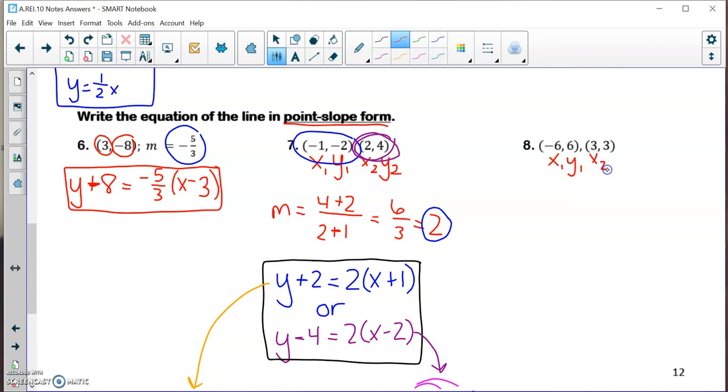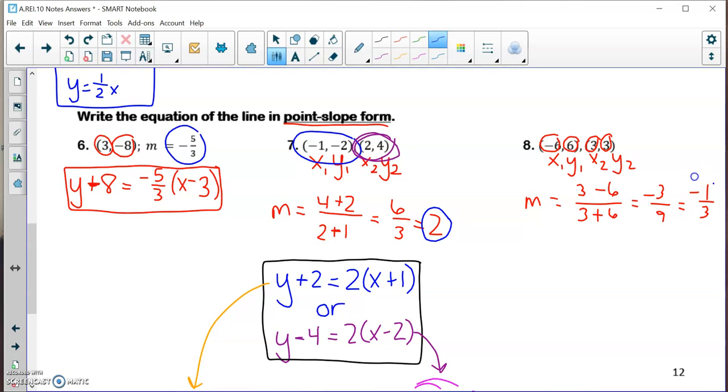And then number 8, we still want just point slope form, so we'll just do this one quickly. I won't go on a tangent here. So, finding my slope, I take my y2 value minus my y1 value all over x2 minus a negative 6, which is really a plus 6. So I wind up with a negative 3 over 9, which comes out to be a negative 1/3 reduced.